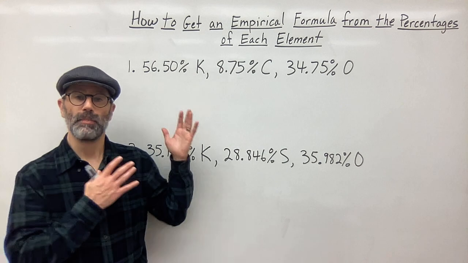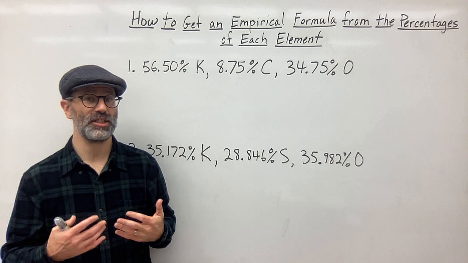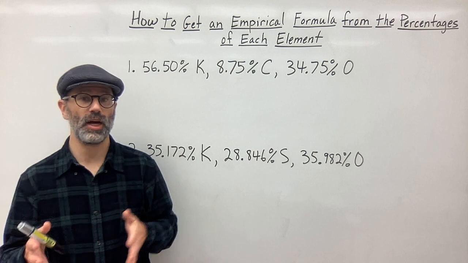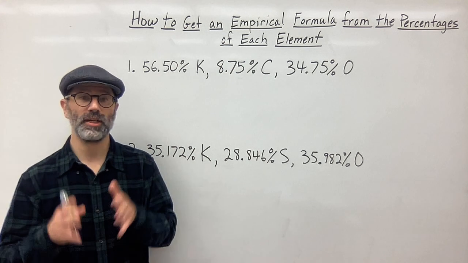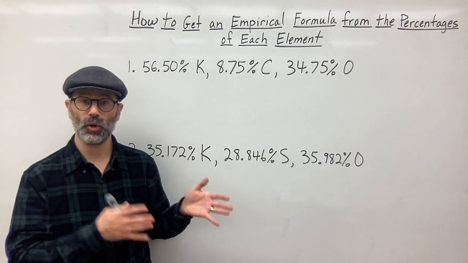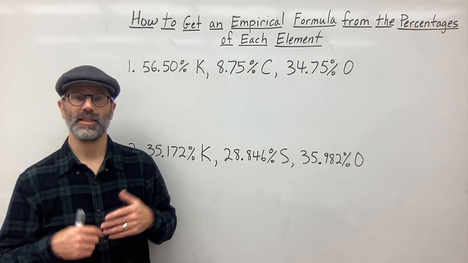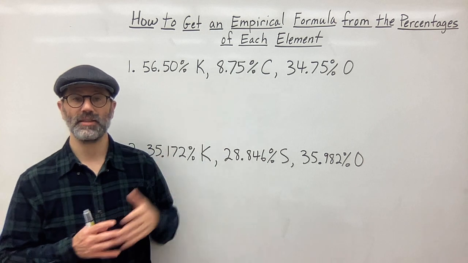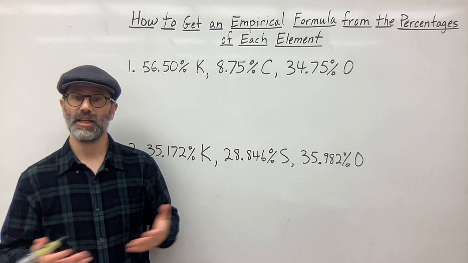Since percent means per 100, think of the word century, cent 100, century 100 years, then if we're having mass percents, why not assume that we have 100 grams of our substance and go from there?